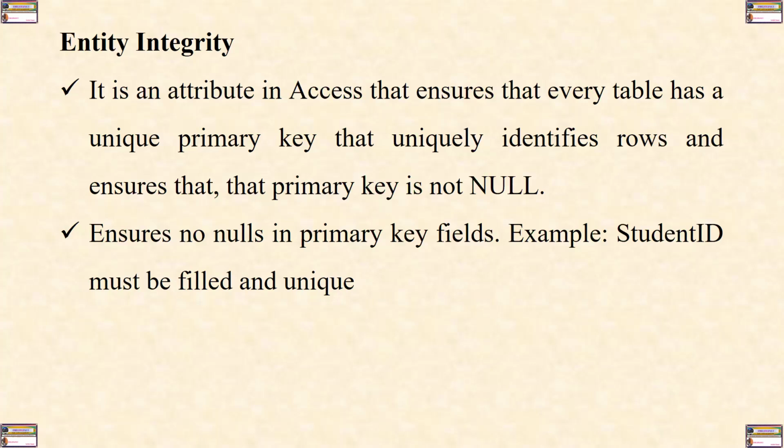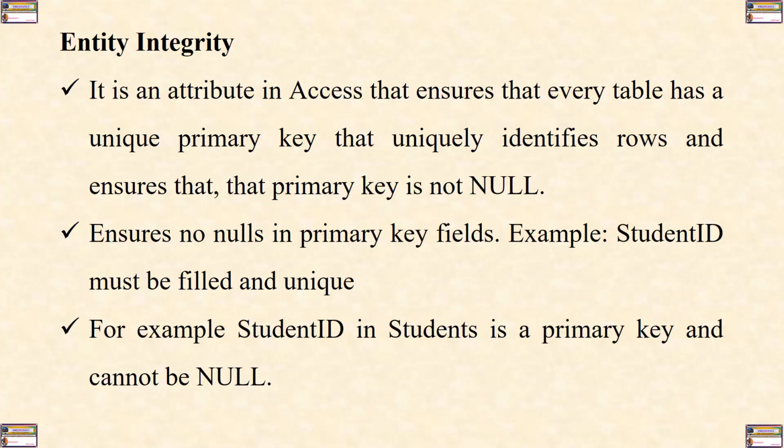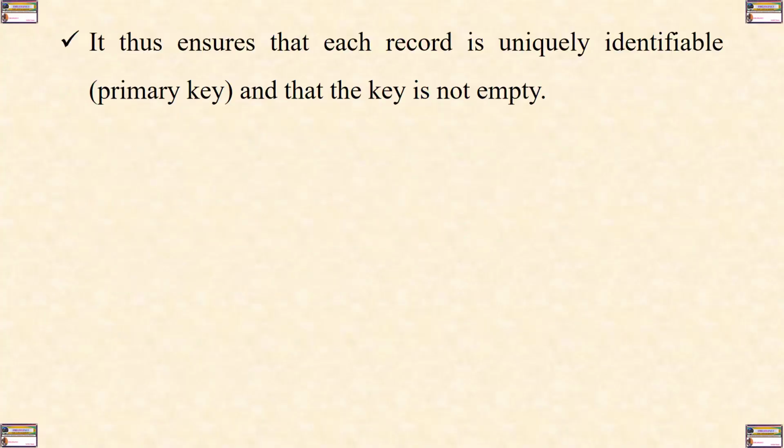Even products, every product must have its own unique ID. So a unique ID cannot be empty. For example, student ID in the students table can be a primary key, and therefore it cannot be null because it must be used to identify the student. It therefore ensures that each record is uniquely identifiable. So that's the work of a primary key, and that key is not empty.